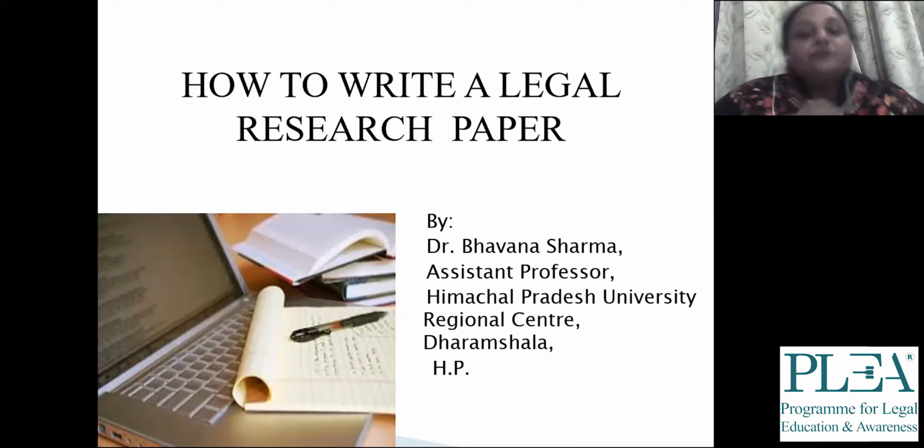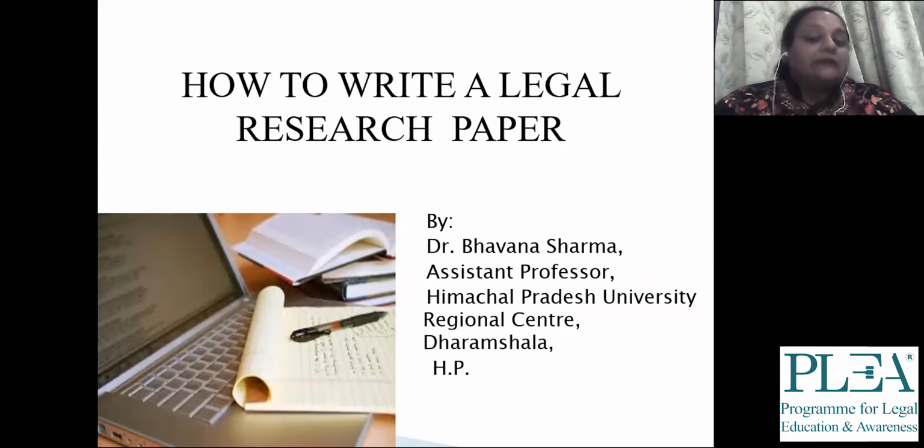Now, the foremost question, or we can say the toughest question, is how to choose a topic. How should I choose a topic, how do I deal with the topic, or on what topic should I write? First of all, keep this in mind whenever you are thinking of writing a legal research paper.